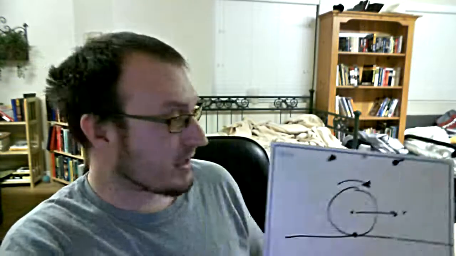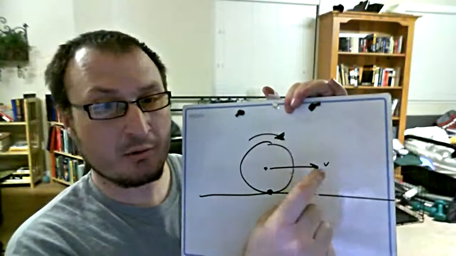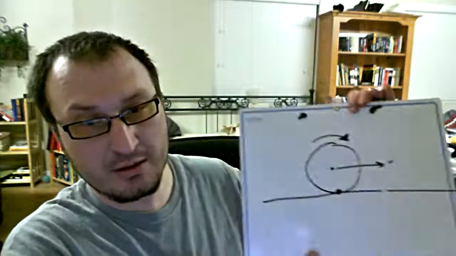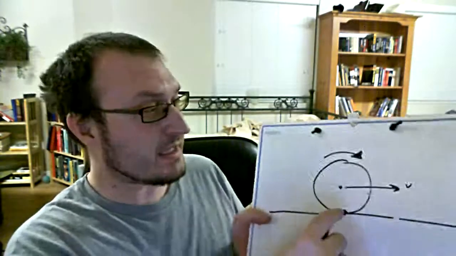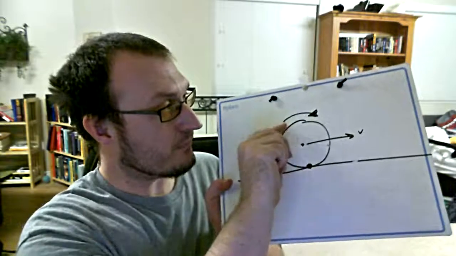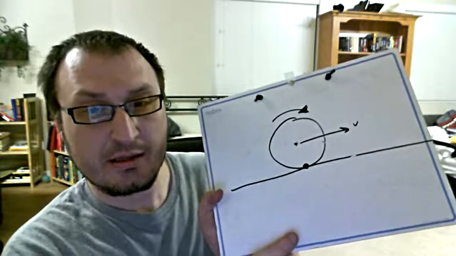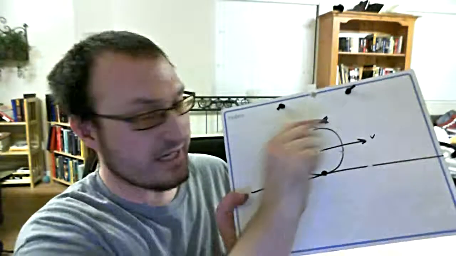Its acceleration could be calculated. The acceleration equals v squared over r, not to be confused with the translational v. I would want to use different v's to represent those. It would be the instantaneous tangent velocity, the velocity tangent to the circle.